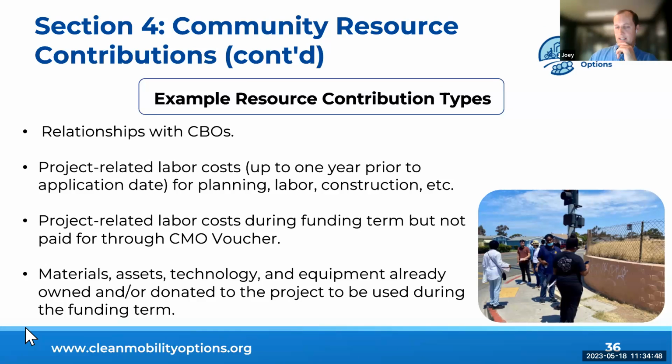And then other things like materials, assets, technology, and equipment that are already owned and/or donated to the project to be used during the funding term. So some kind of in-kind contribution or something that you may already have that you're looking to utilize for implementing this project.